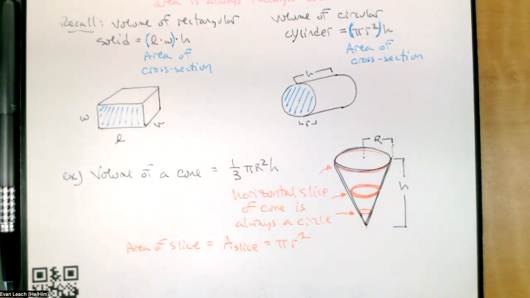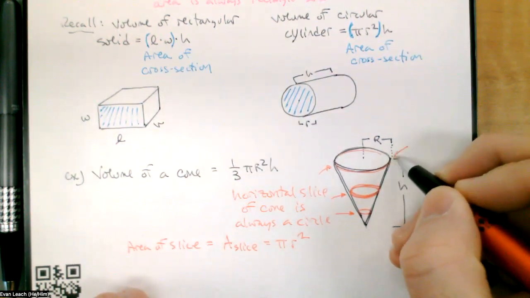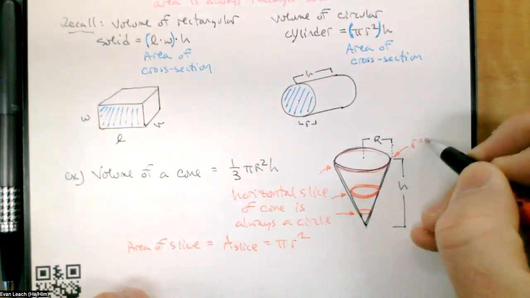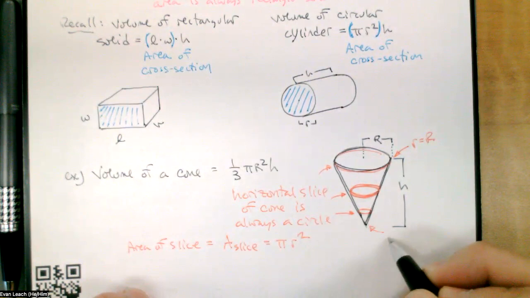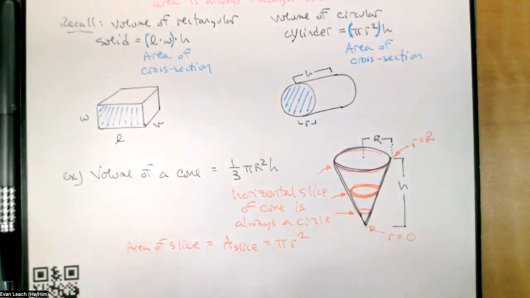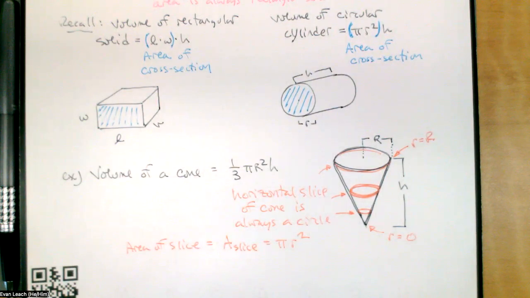It starts off at capital R at the top, and then it shrinks down to 0. So up here at the top, the radius is capital R. Down here at the bottom, the radius is equal to 0. So I switched partway. Capital R will be the fixed radius of the cone, the radius of the base. Every horizontal slice is going to be a circle with an area of pi r squared, and then r varies from capital R at the top down to 0 at the bottom.